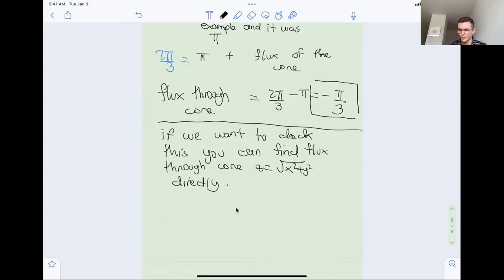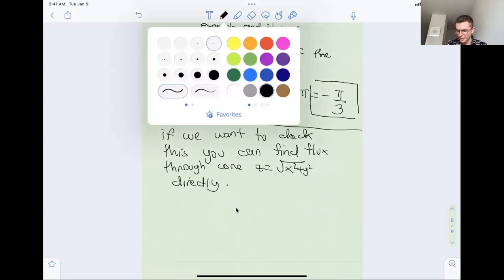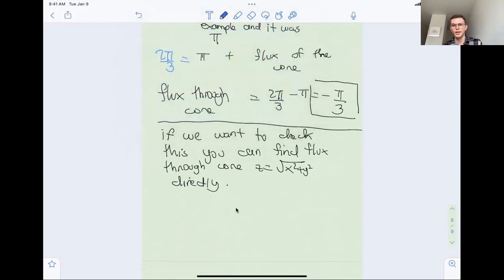You have to find the parametrization of the cone. What's the parametrization of the cone? Anyone, how would you parameterize the cone? Let me draw it here.